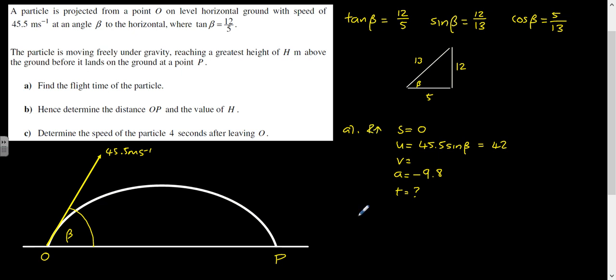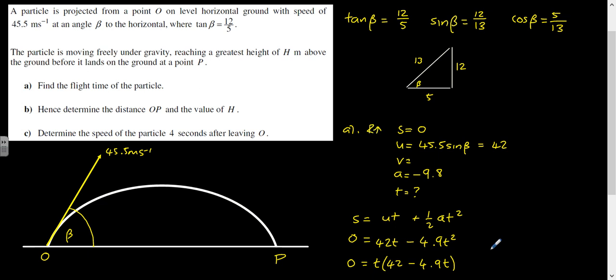So we go to our suvat equations and we realize that s equals ut plus half at squared is our equation to use. We substitute in our known values: u times t, so 42t, plus half a, which is minus 4.9, t squared. And so we can factorize this, which means that t equals 0, as we knew, because where does it have a vertical displacement of 0?